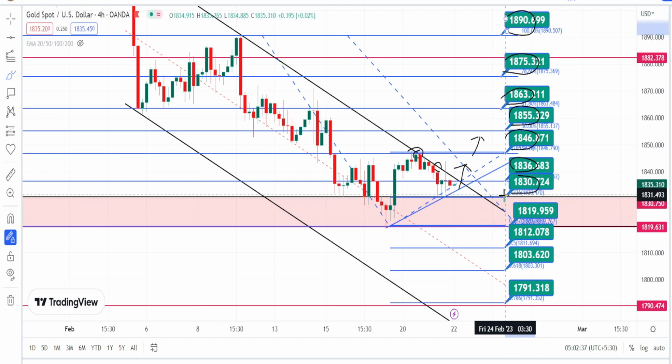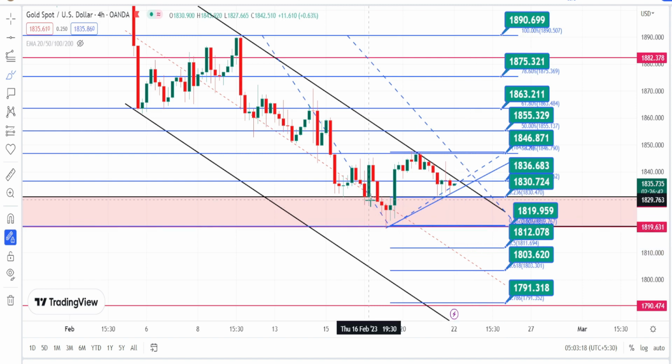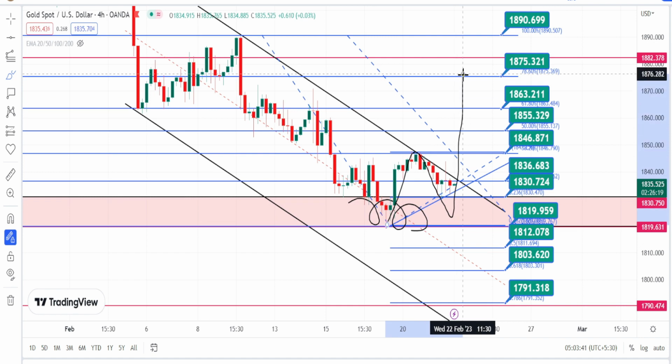And if the price action breaks this support zone between 1830 to 1819, the next level of support is going to be around 1812, 1803 and 1791. So if the price action breaks this support zone, we can expect the bearish side trend to continue, and as long as this support zone is holding, we can expect the bullish side trend reversal to start.